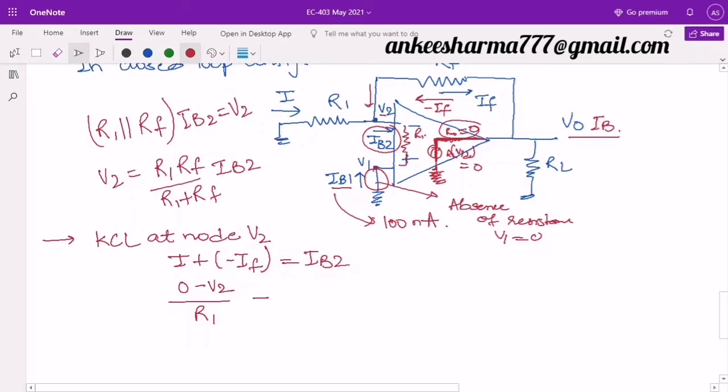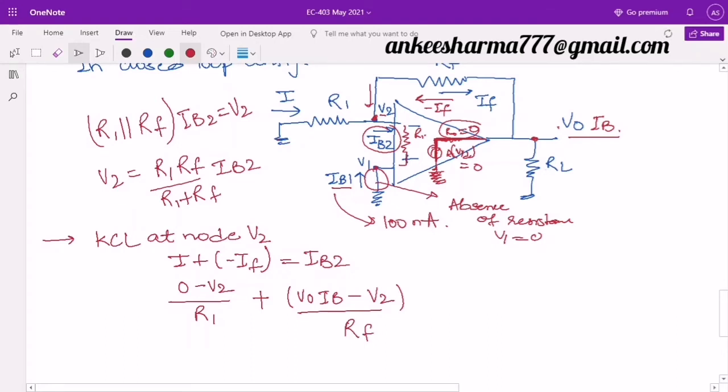IF will be from this voltage, that is your VOIB voltage, minus V2 voltage, so it is minus outside the bracket VOIB minus, okay, if I am taking minus IF, then I will take positive over here, or if I take only IF, then I can take V2 minus VOIB. As I am taking minus IF, it will be VOIB minus V2 divided by RF, the feedback resistor. And the third one is the IB2.